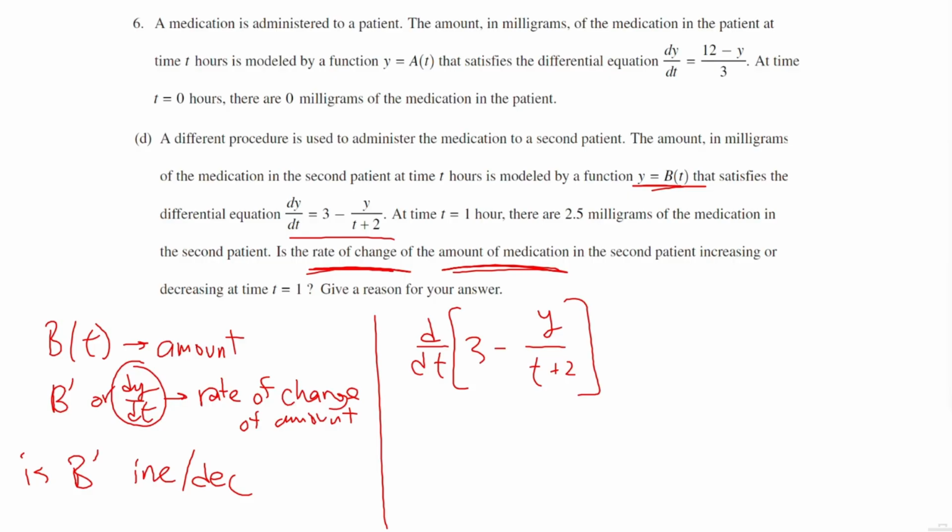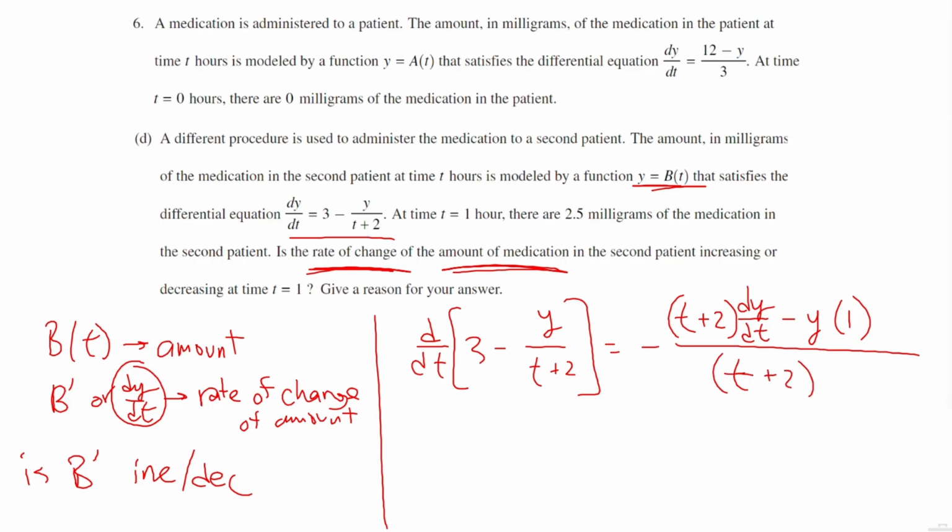So the derivative of the 3 just goes away. The negative sign can just kind of sit out front. And then we're going to do the quotient rule on y over t plus 2. So that'll be the denominator, t plus 2, times the derivative of the numerator with respect to t, which is dy dt, and then minus the numerator times the derivative of the denominator, which is just 1, all over the denominator squared.